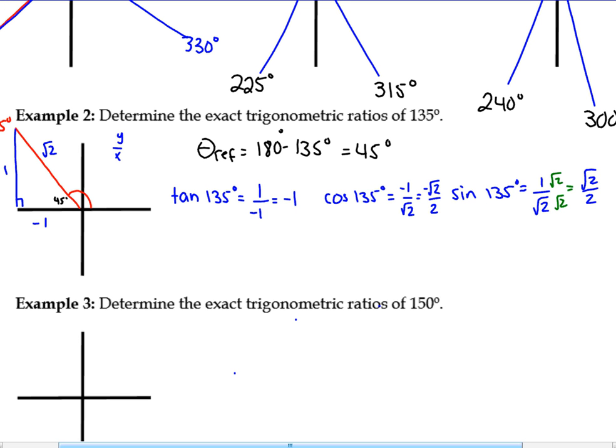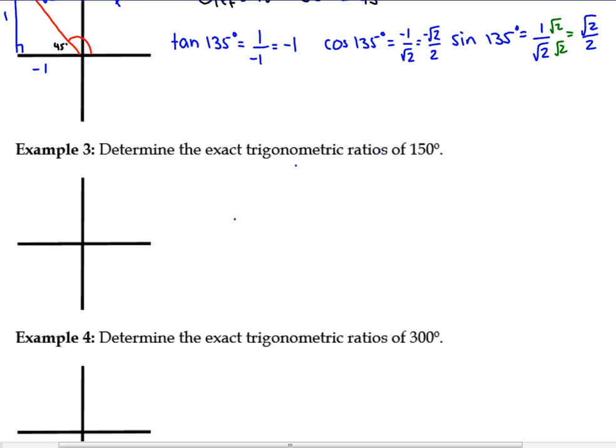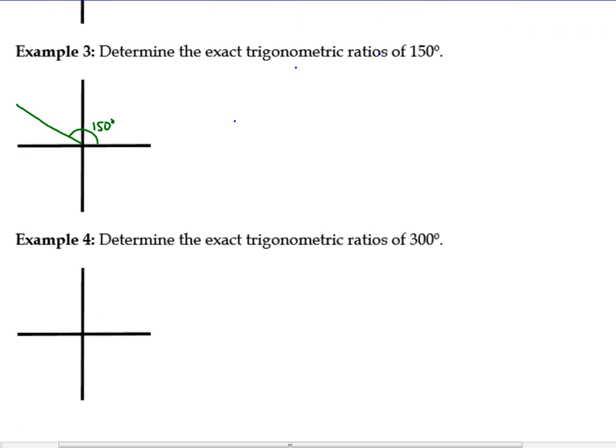Okay, so draw 150 and figure out its reference angle. What's the reference angle? 30. So we want to draw the 30-60 triangle. I'm going to make this a right angle right here.